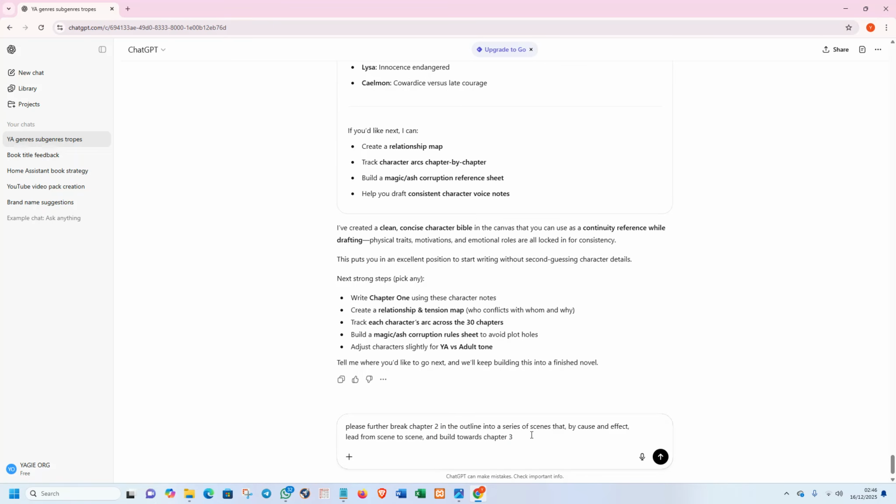That is how we move on to the next chapter. So please break chapter two in the outline into a series of scenes that will cause an effect, lead from scene to scene, and build towards chapter three. That is how you do it. In this case, we're focusing on chapter 1, and then that will lead to chapter 2.